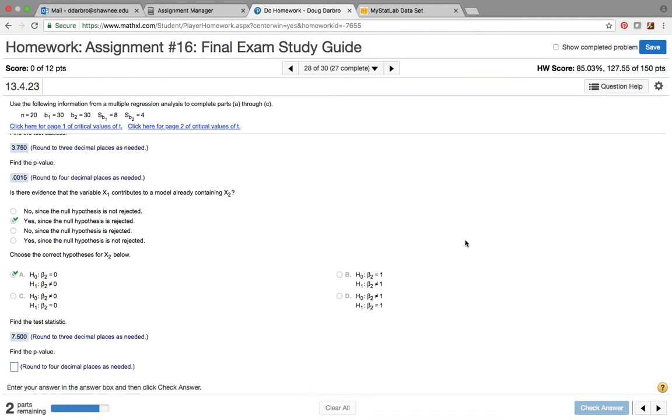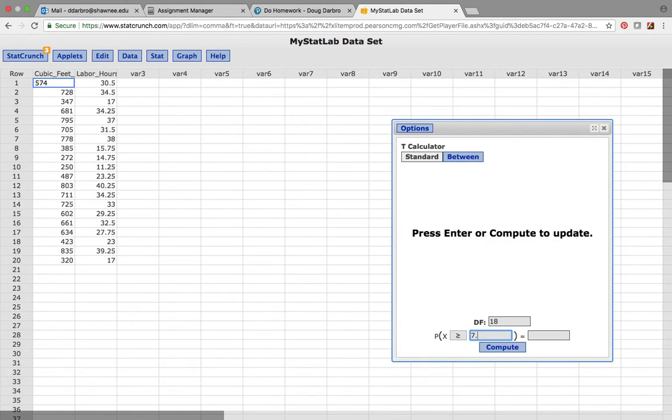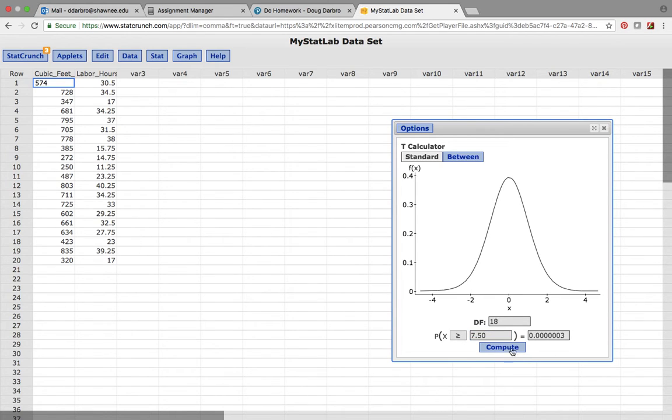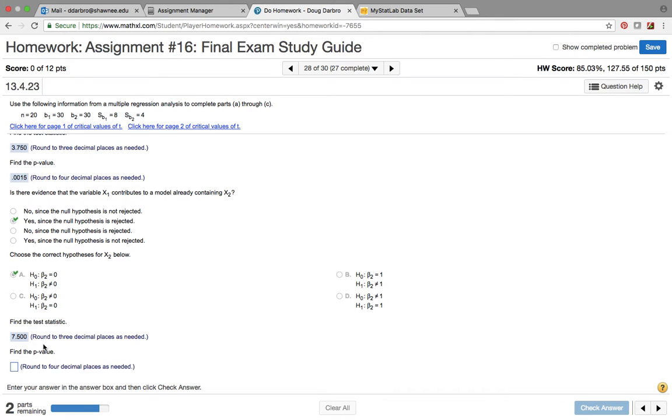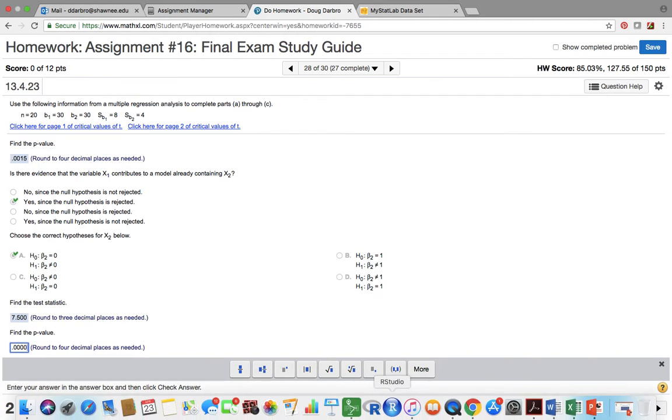Find the p-value. Well, very small, multiply that by 2. You know, to 4 places is just going to be 0.0000.